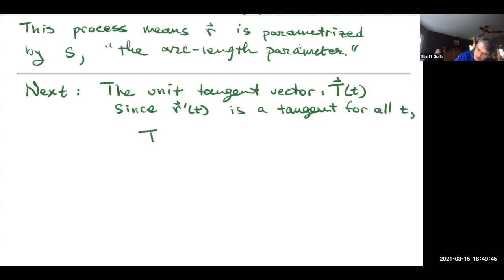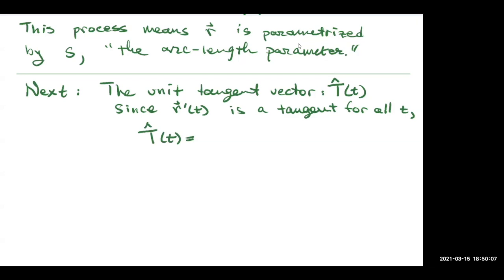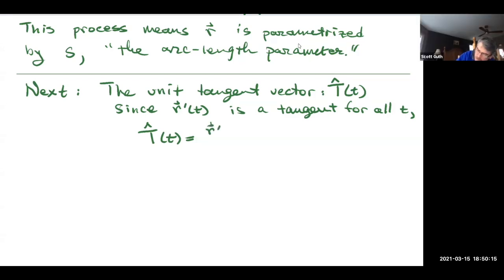What's T of t? Oh, by the way, this should have a hat, not a barb. So when I say T of t, I mean there should be a hat on it. So what's the formula for T of t? How do you make it a unit vector? It would be r prime over the magnitude. Yeah, r prime gives the direction, but its length is wrong, right? So we have to divide by the magnitude of r prime. Any questions about that?